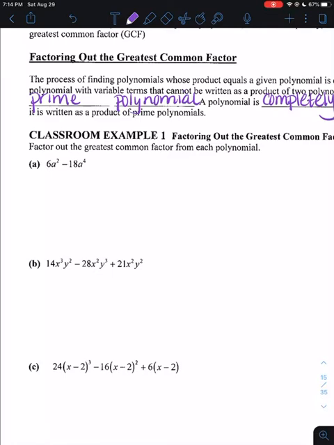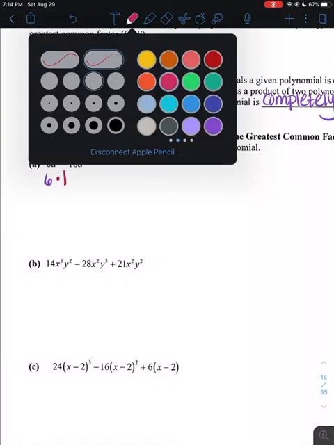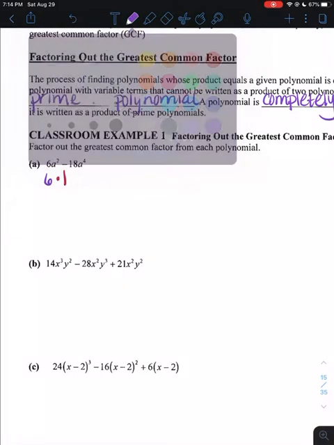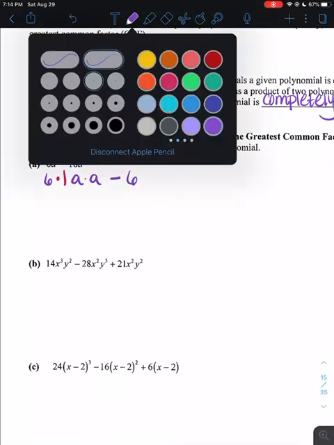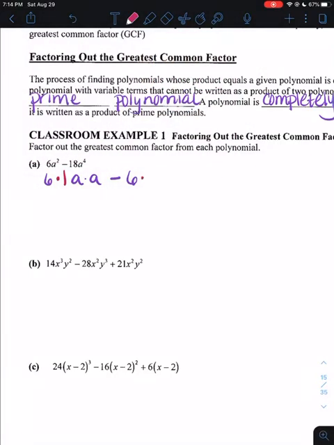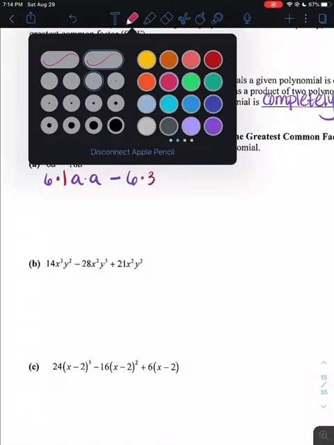So this is 6 times 1, and I'm going to write my a times a, minus 6 times 3. I just want to color code it.